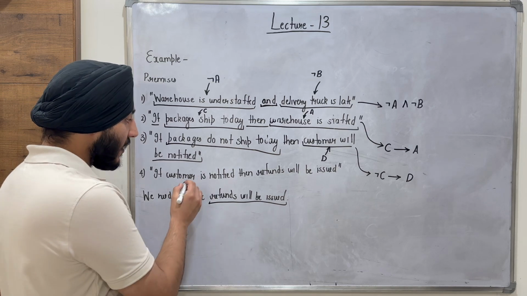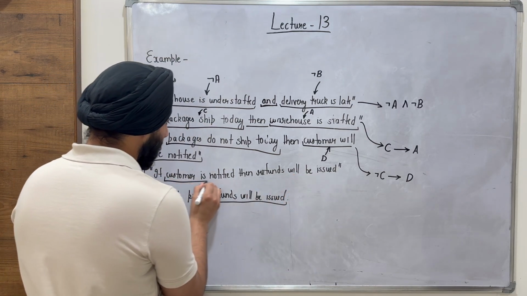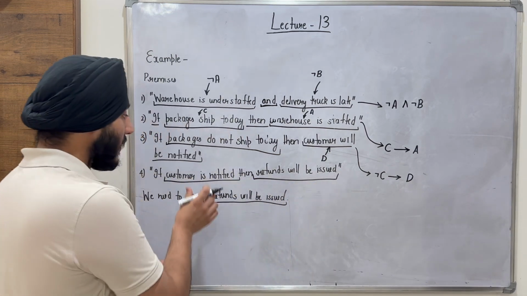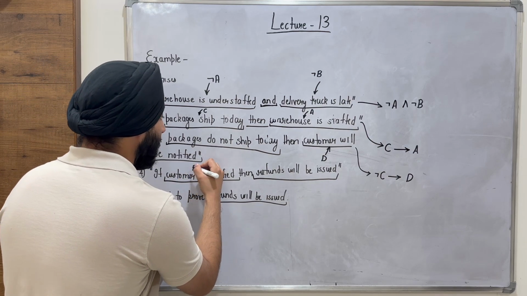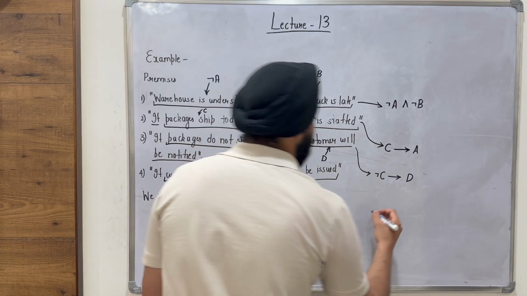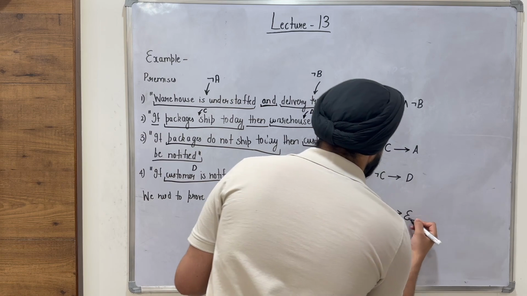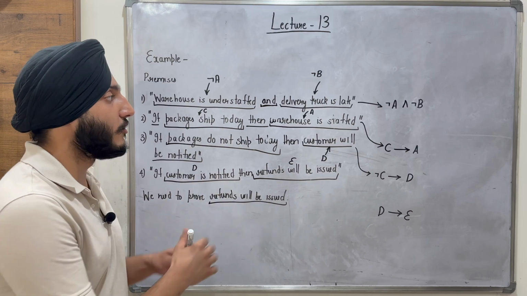Now we have if the customer is notified, then the refunds will be issued. Right? So once again, customer is notified, refunds will be issued. So customer is notified, I already have it. So since this is going to be D again, and I can represent the final one, refunds will be issued as E. So finally, I get D to E. So this was just the first part of my entire solution, right?